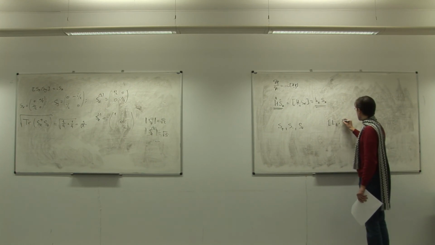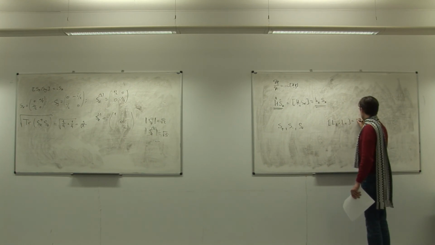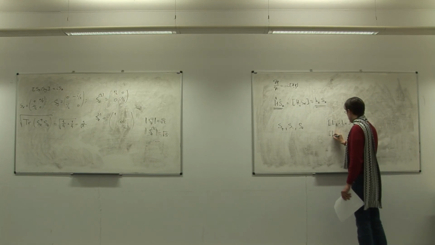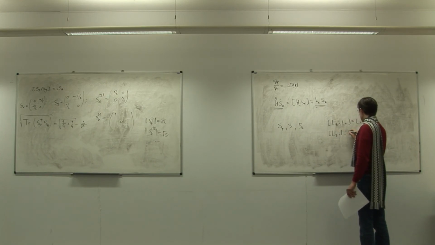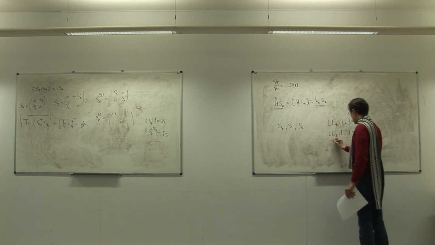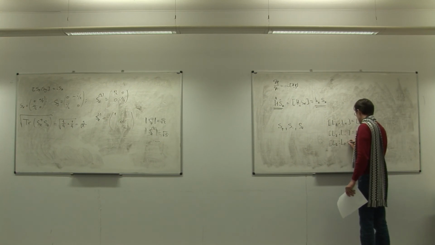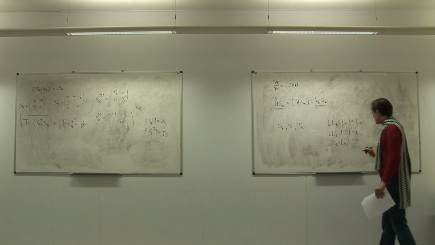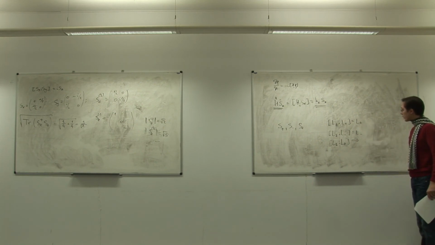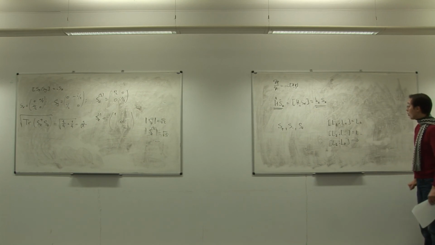So if we take Lz with L plus, that's L plus. If we take Lz with L minus, that's L minus, and clearly Lz commutes with itself. So L plus would acquire a phase, L minus would acquire a phase, and Lz wouldn't even move at all.